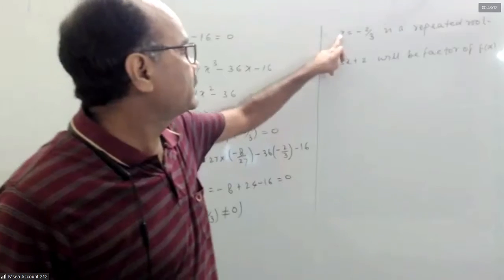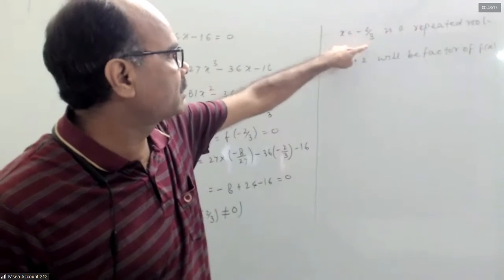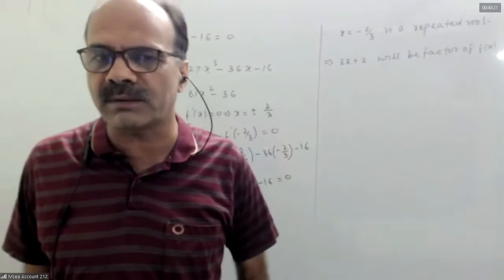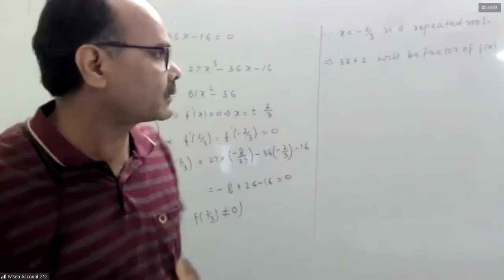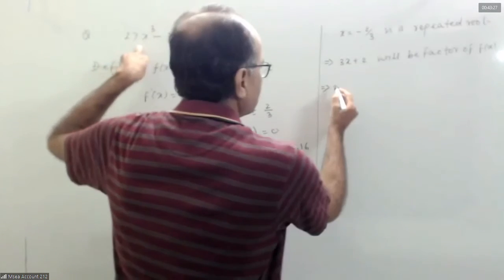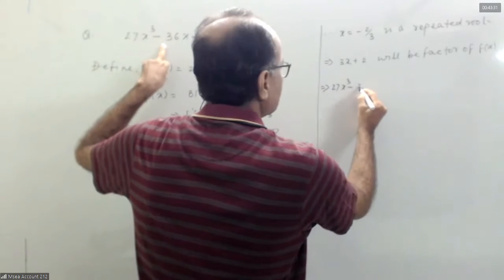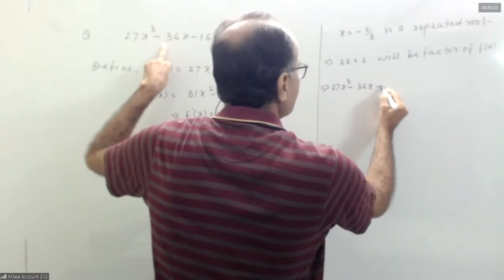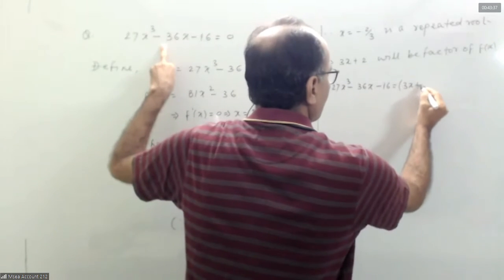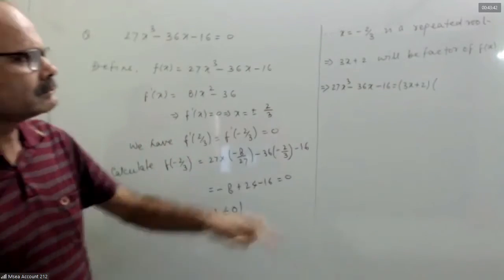If this is the root, whether repeated once or twice, then x plus 2 by 3 will be a factor, and so 3x plus 2 is a factor. So this implies 27x cube minus 36x minus 16 has 3x plus 2 as a factor. How do we find the other factor?